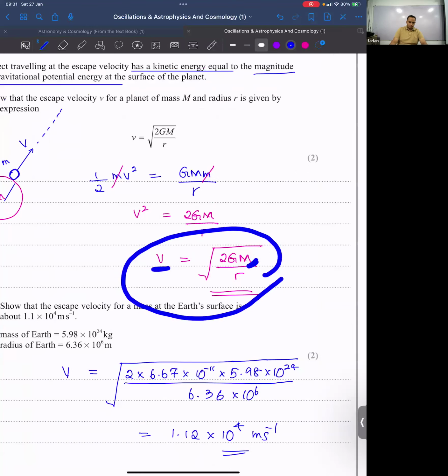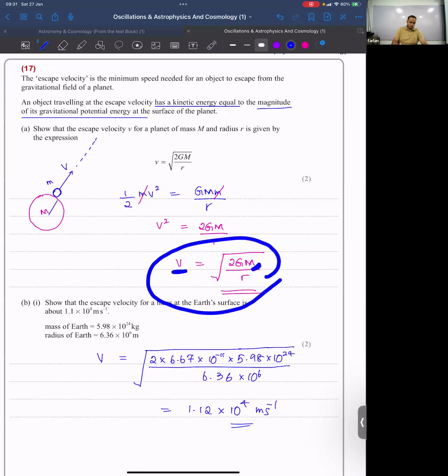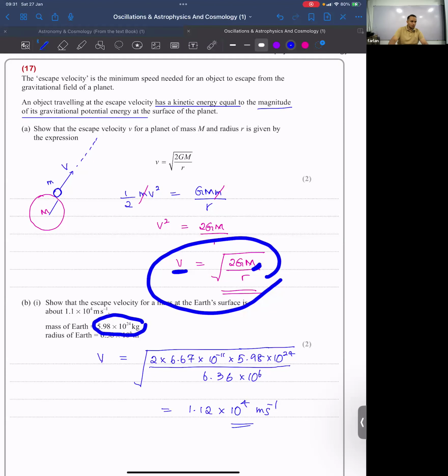Now the mass of the Earth has gone up to 5.98 into 10 to the power 24 kilograms.